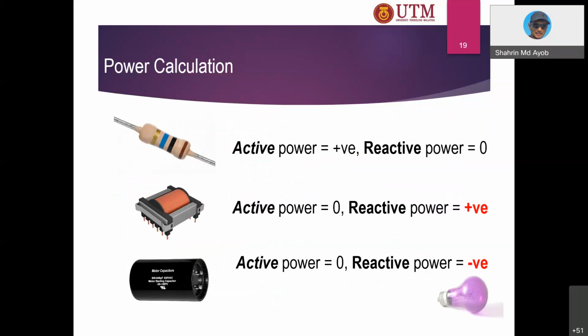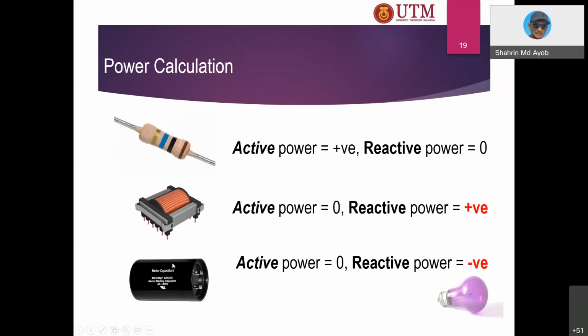Okay, so to summarize the lesson from the previous slide: if you have a purely resistor, you have a positive active power but 0 Q. If you have inductors, your active power is 0 and your reactive power is a positive value.